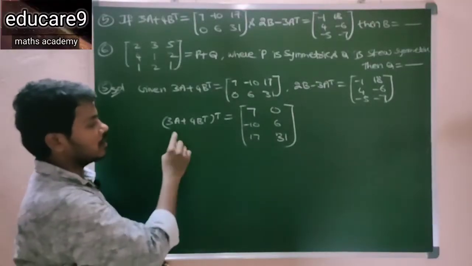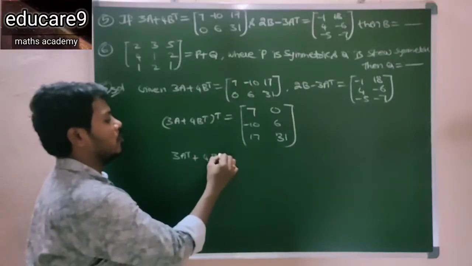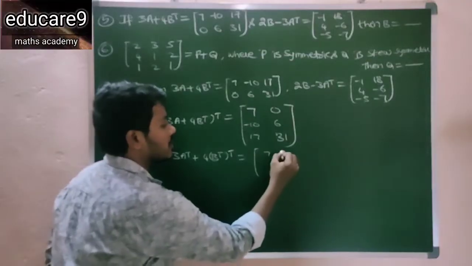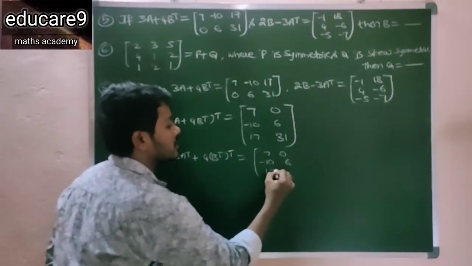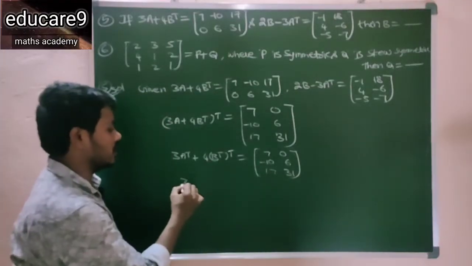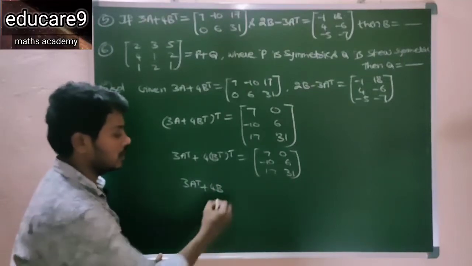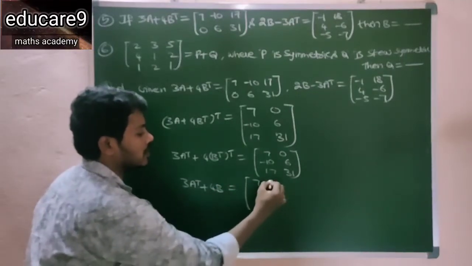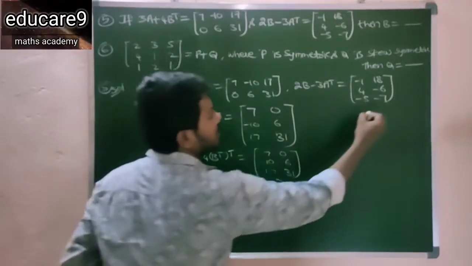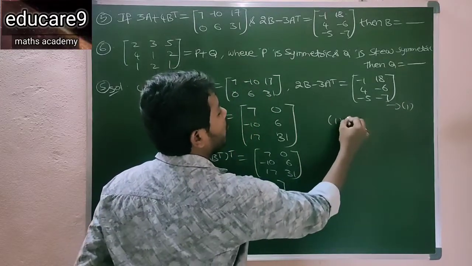So this is 3A plus 4B, which equals 7 0 minus 10 6 17 13. This is equation 1 and this is equation 2. So add 1 and 2.